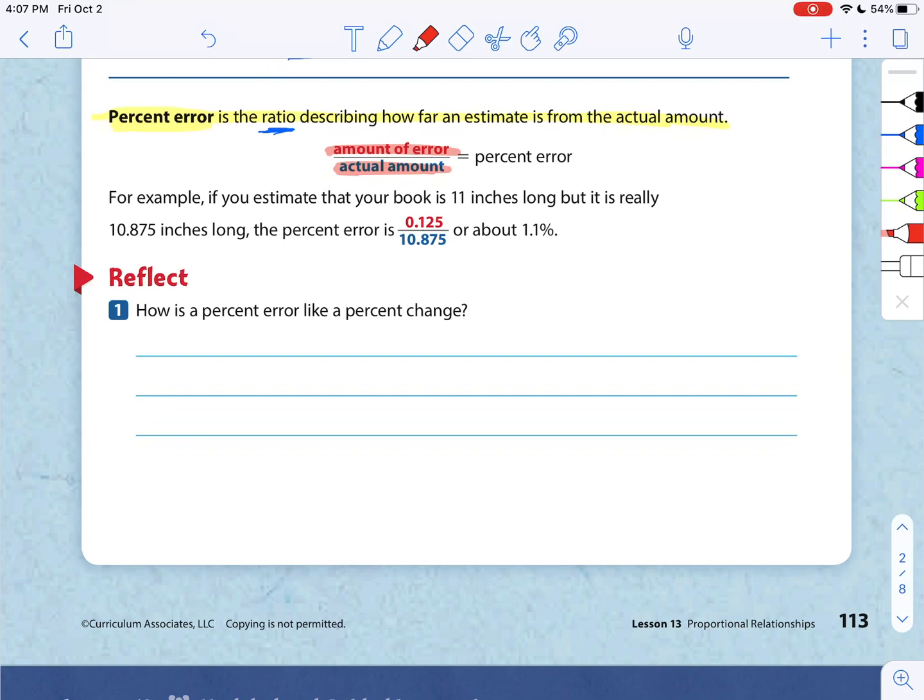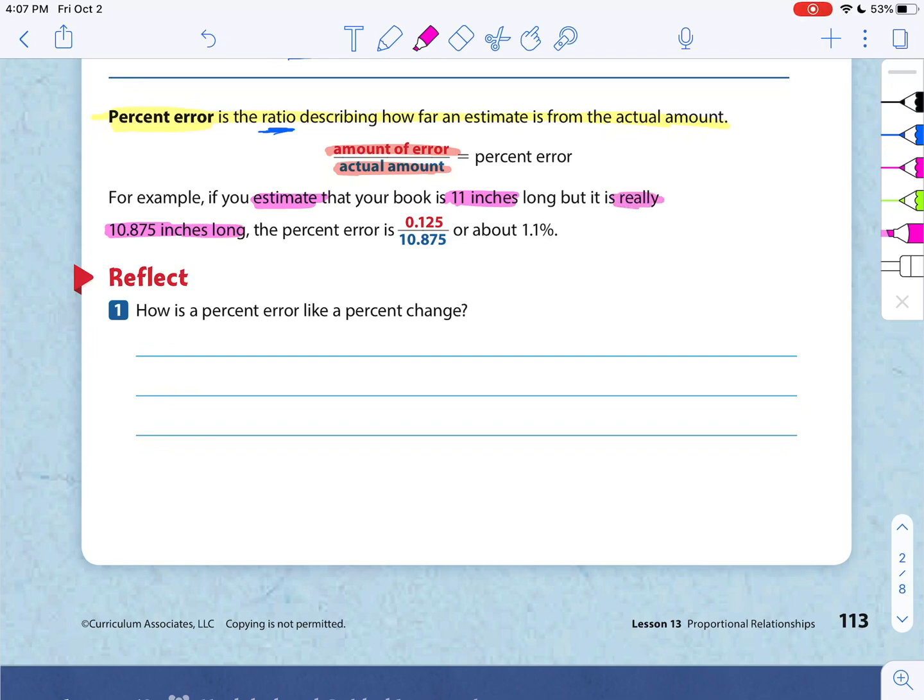So an example would be if you estimated that your book is 11 inches long. So that 11 inches is your estimate. But really, it's 10.87 inches long. So that's the actual.